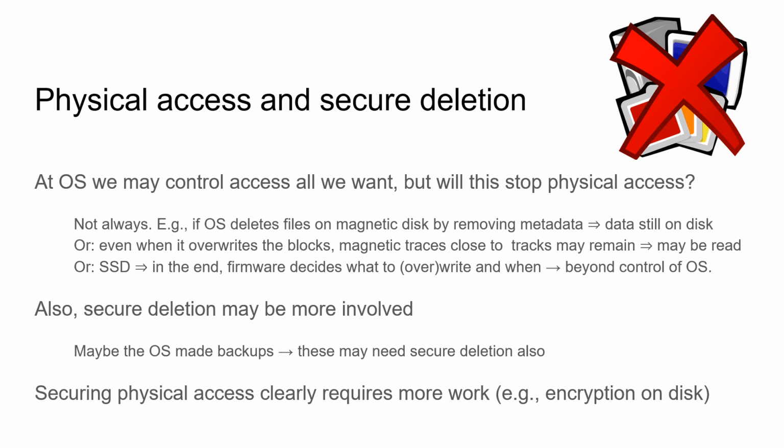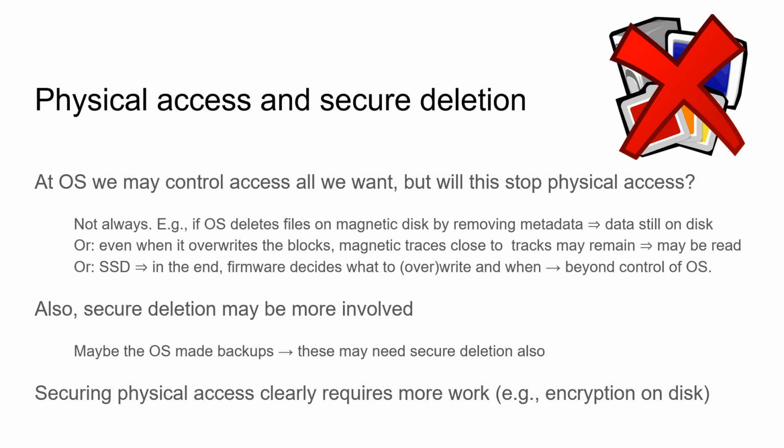Okay, so it may even get worse, right? Maybe you're even overwriting the actual blocks with new data, so you really want to securely delete this. But then there are still some magnetic traces very close to the actual data tracks, and maybe there is still information there. You may be able to read this still. Similar things happen in SSDs, where it's not the operating system that decides physically what will be written and when, but it's the SSD itself.